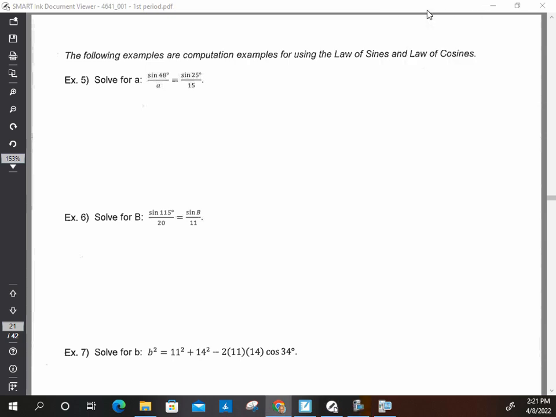All right, so with examples 5 and 6, both of these examples align to the law of sines. So the law of sines is one of the 2 methods. Example 5 is what you would be using to find a side, and example 6 is what you would be using to find an angle.